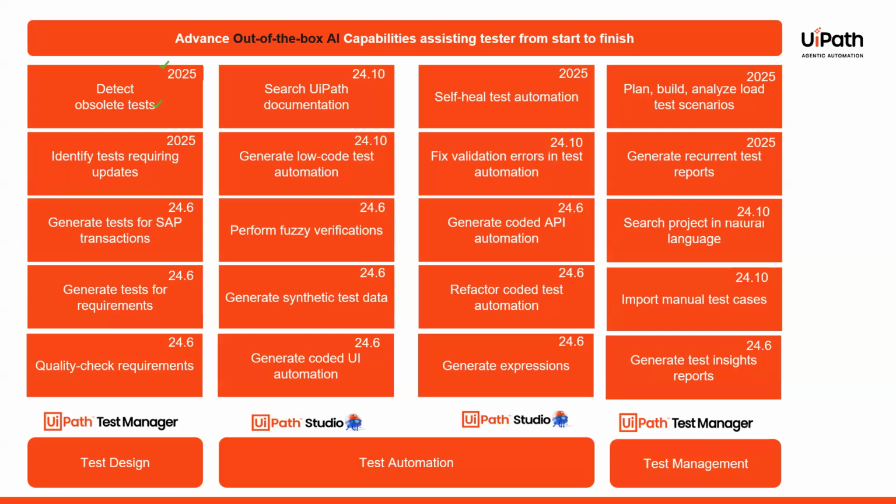And on the right, in test management, AI assists with searching projects in natural language, importing manual test cases, generating insight reports, planning and analyzing load tests, and producing recurring reports. Overall, these built-in capabilities give testers a powerful boost from start to end, helping them deliver faster and with higher quality.